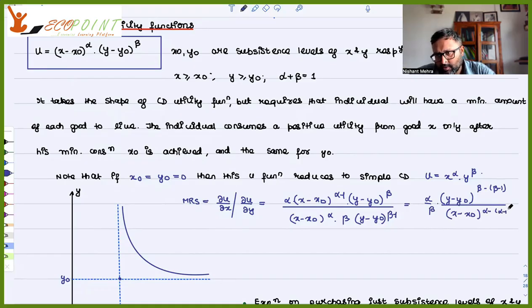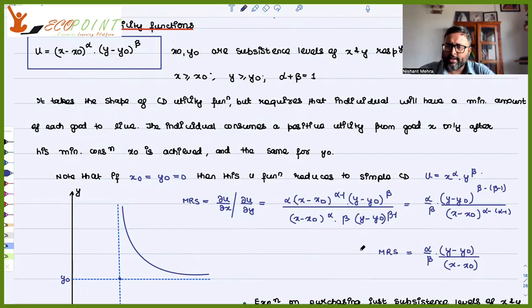So it is alpha minus 1. So this could be written as alpha upon beta, y minus y naught upon x minus x naught. So if x naught, y naught are 0, this has the same MRS also.